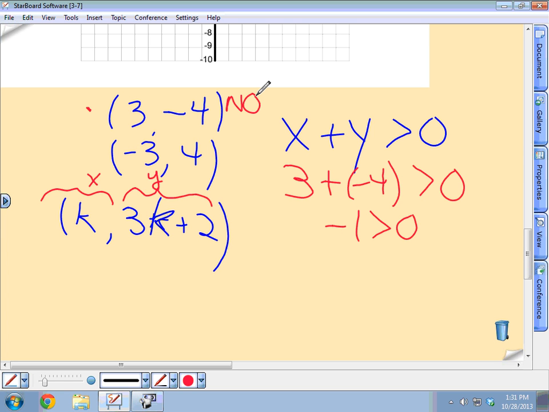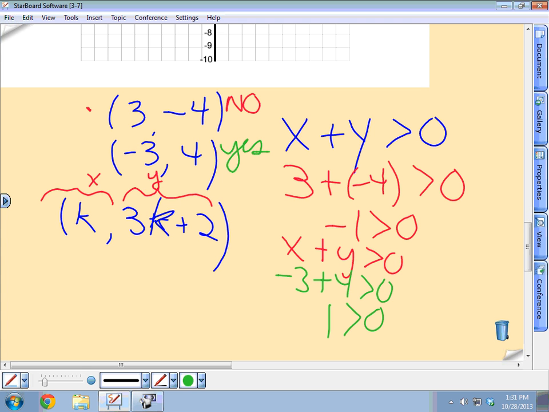And by the same token, if x plus y is greater than 0, and we put in negative 3 plus 4, that is 1, and 1 is greater than 0. And so this one is a solution. That's all they're getting at in that first section.